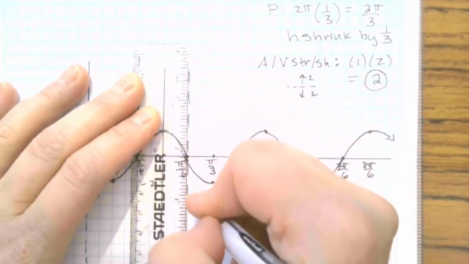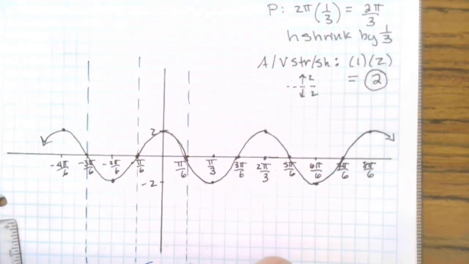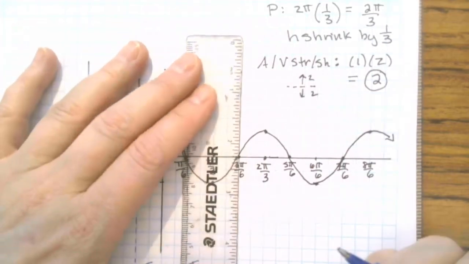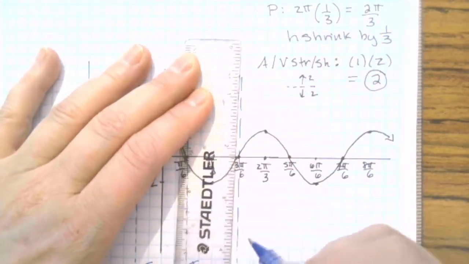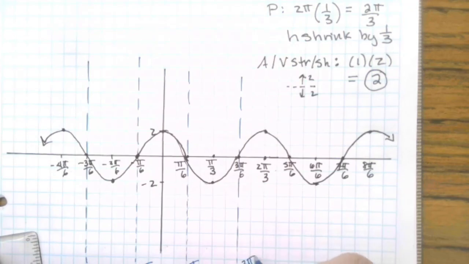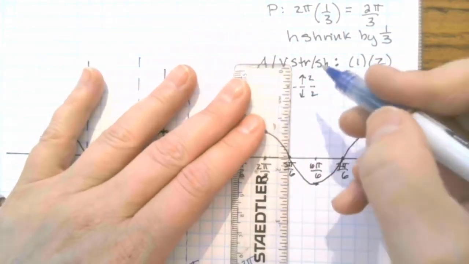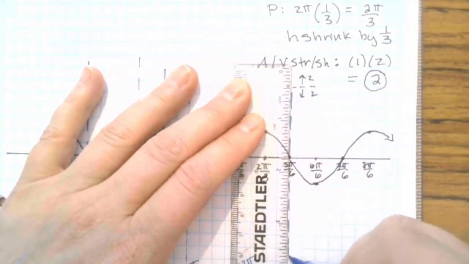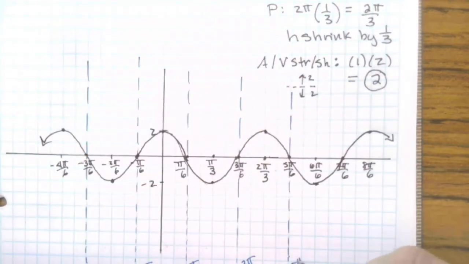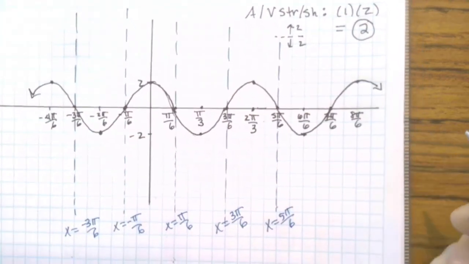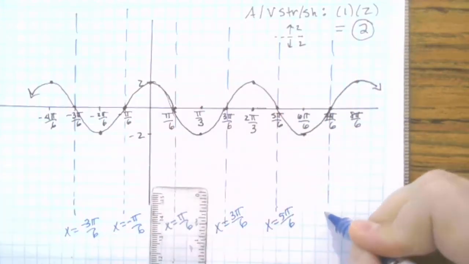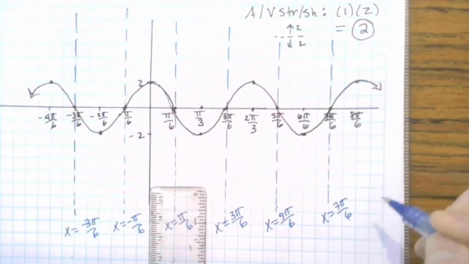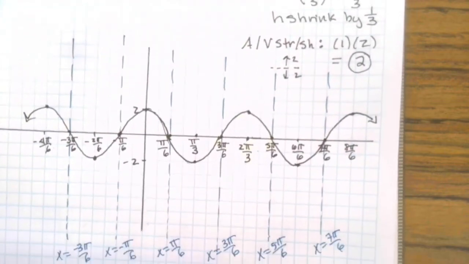Now we've got pi over 6. 3 pi over 6. 5 pi over 6. And 7 pi over 6. And you label those, just like you would any other asymptote.